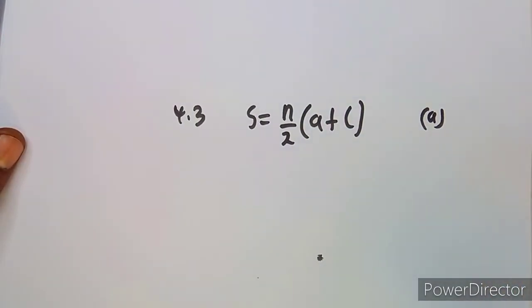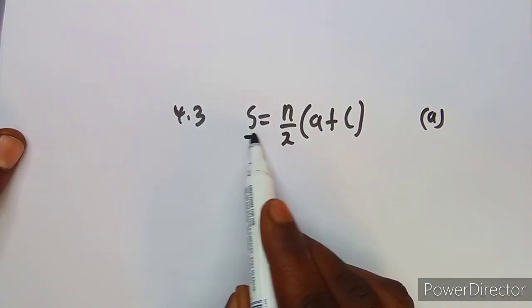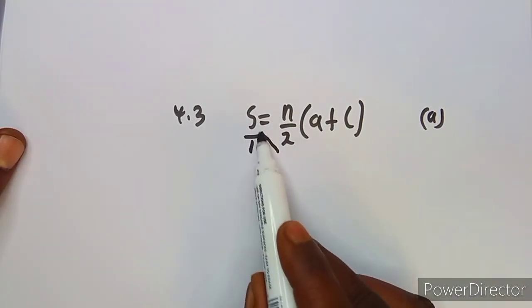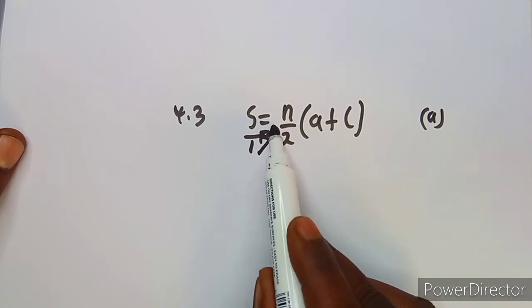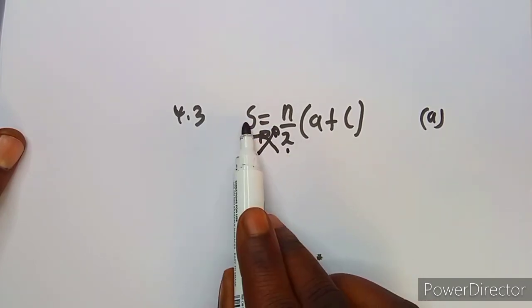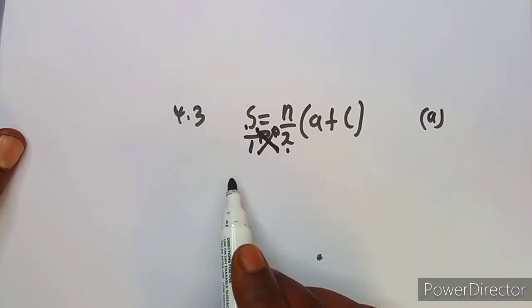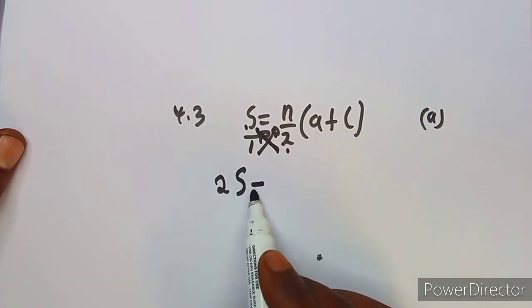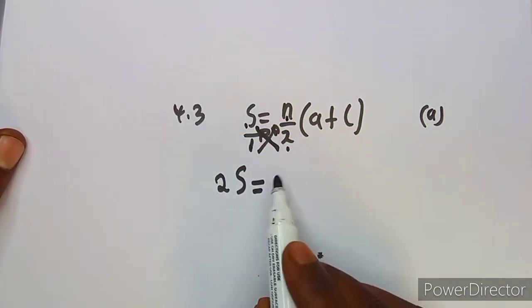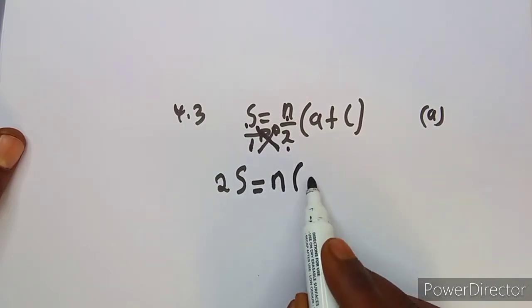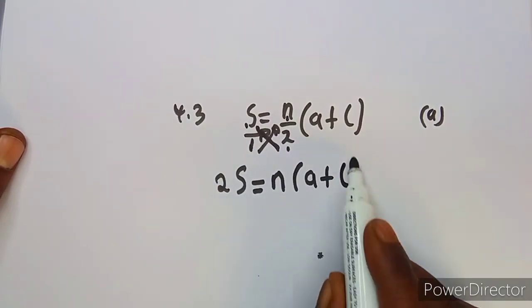There are so many ways, guys, that you could do. The first thing, you can actually cross multiply, because this is the same as over 1, just like what we're doing. So if I cross multiply, it's 2 times s, which is 2s, which is equal to 1 times n, it's n into a plus l, like this.